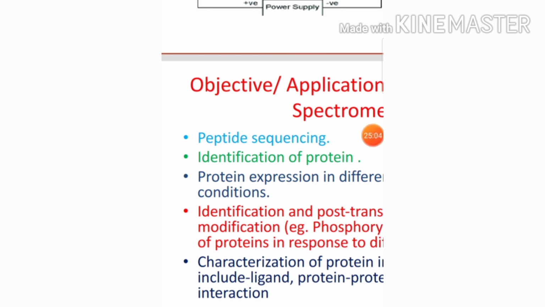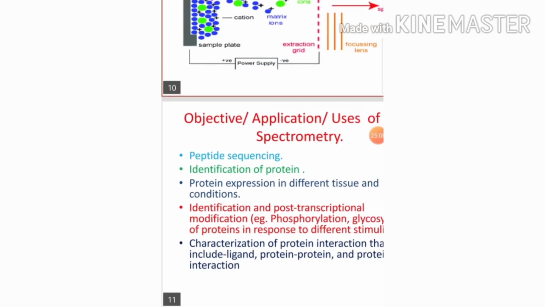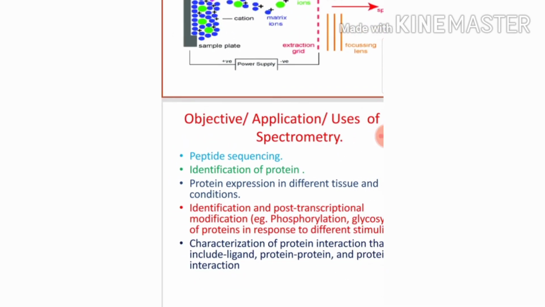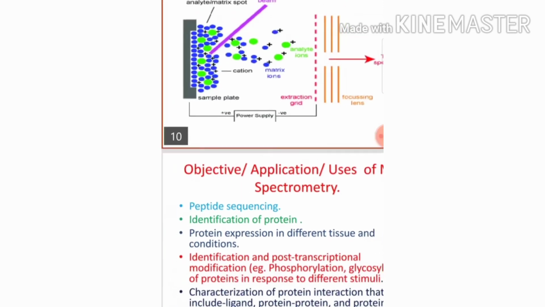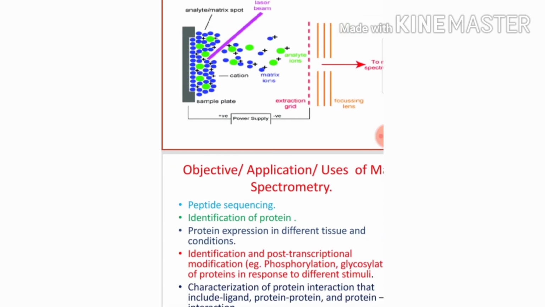Now protein expression: you know there is a difference between protein expression and function. Function means a particular function. The example is hemoglobin. The function of hemoglobin is just to transport oxygen from the lungs to the heart and from the heart to all parts of the body. But expression means differential function.